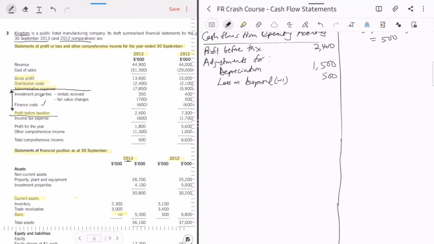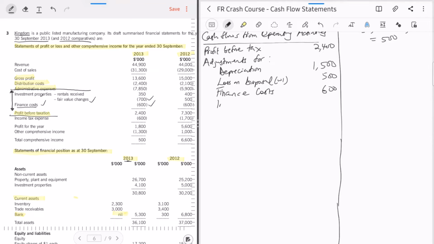So the next thing I see here is finance cost, an expense of 600. I told you we add expenses and we less income under the adjustment section. So I add my finance cost of 600. So that is done. Next thing I see is investment property fair value changes, also a loss or negative. So I add that one.